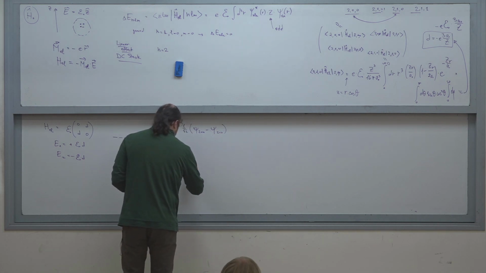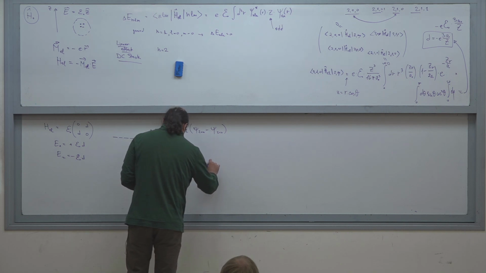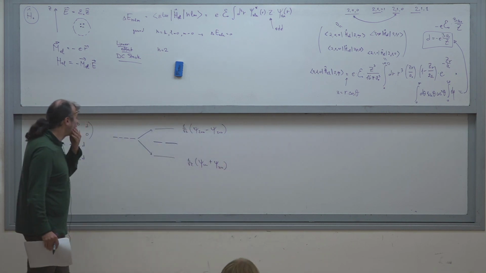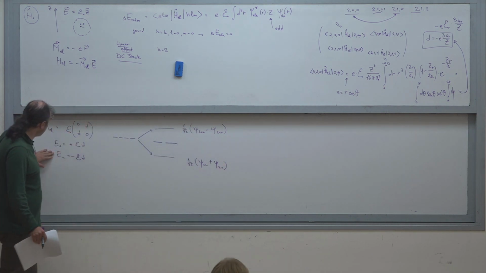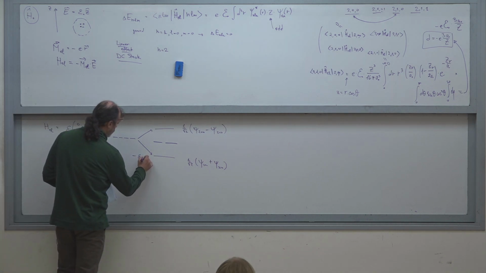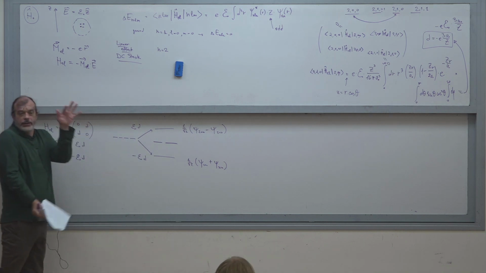And the one that goes down is the linear combination of these two wave functions. The energy level goes like minus epsilon 0 d for one, and here it's plus epsilon 0 d. So the energy splits.